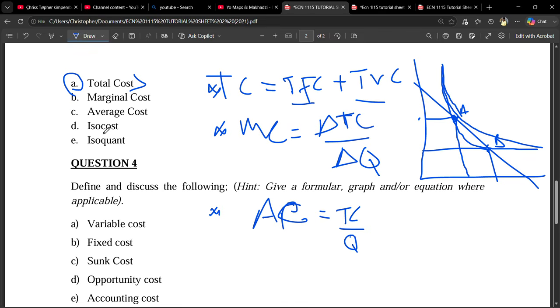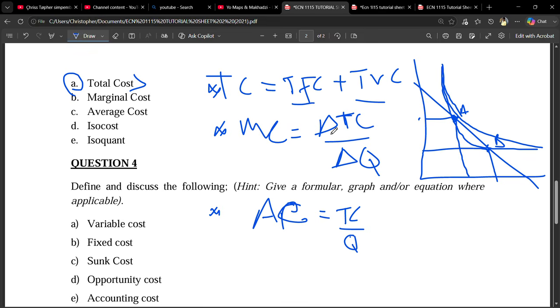So it's simply a line that shows various combinations of inputs that cost the same, just to cut the story short.